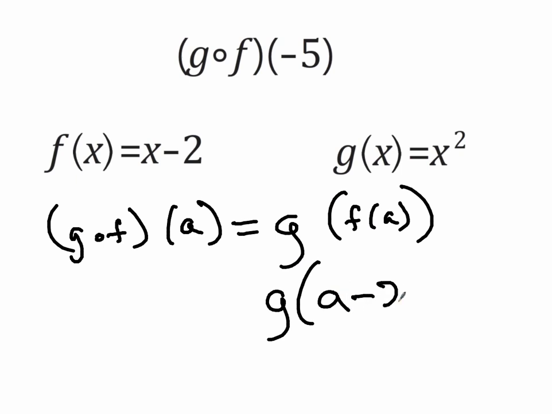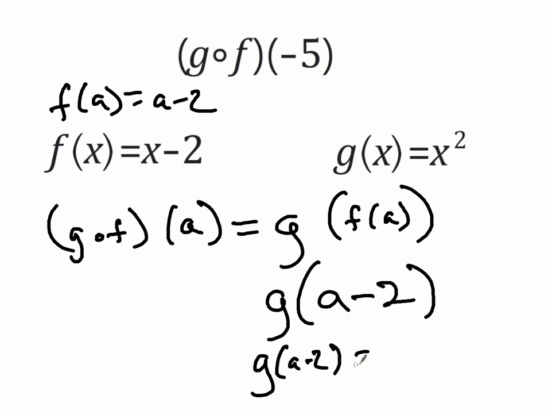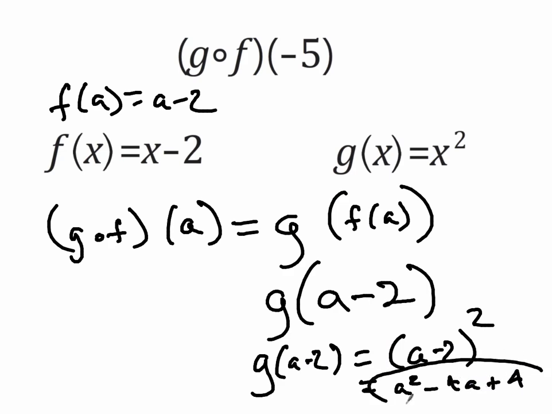So f of a is a minus 2. Now, we're going to plug a minus 2 into g. So g of a minus 2 is equal to your input squared. G takes things in and squares it. So g of a minus 2 is equal to a minus 2 squared, which is a squared minus 4a plus 4. So this is our rule for g of f of a: a squared minus 4a plus 4.